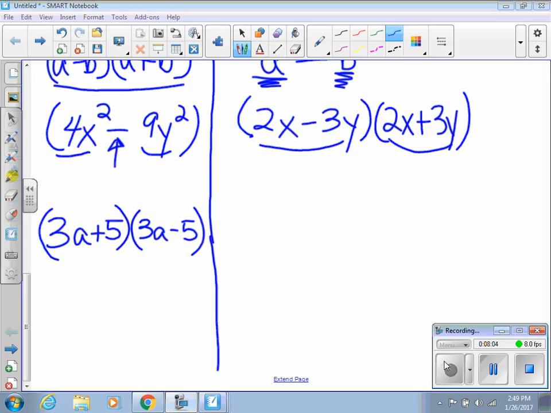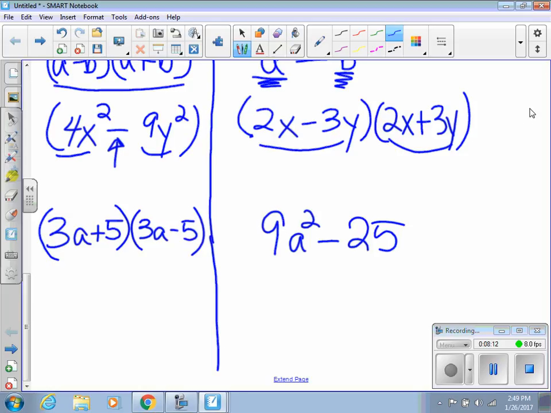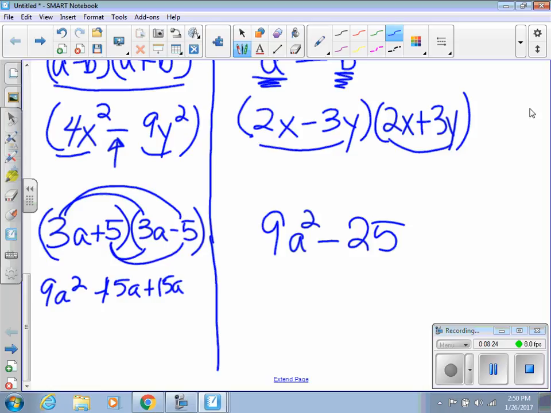So what you're going to have is 9a squared minus 25. Yes. And if you were to do FOIL, you would see that that's true. We have 9a squared minus 15a plus 15a minus 25. These cancel, and you have 9a squared minus 25.